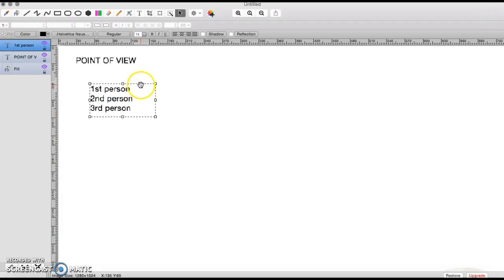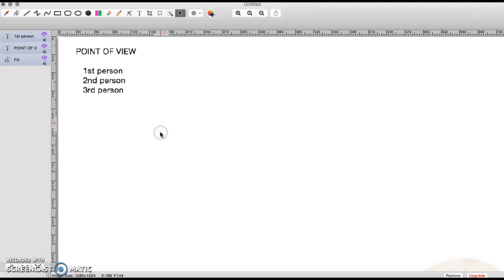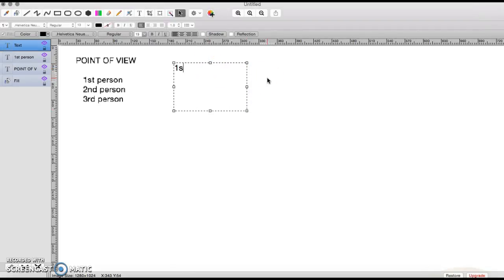So first person, second person, and third person. Obviously the difference between them is that if we go over here, create another little blue box, we have first person. For first person, we use words like I did this, I did that, I experienced the story. And that's how we know it's in first person.